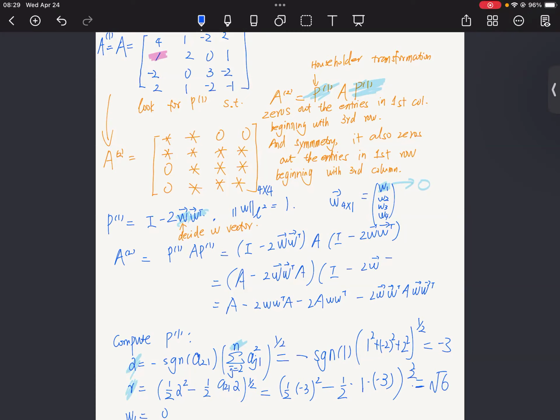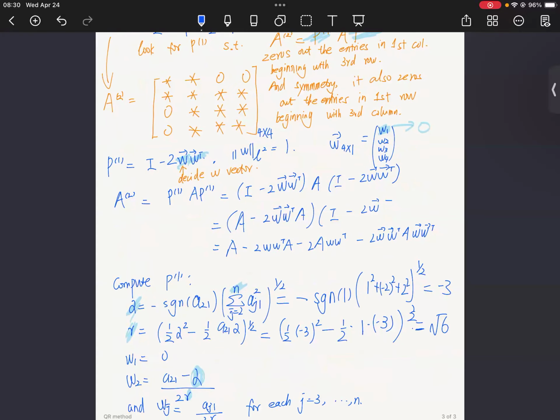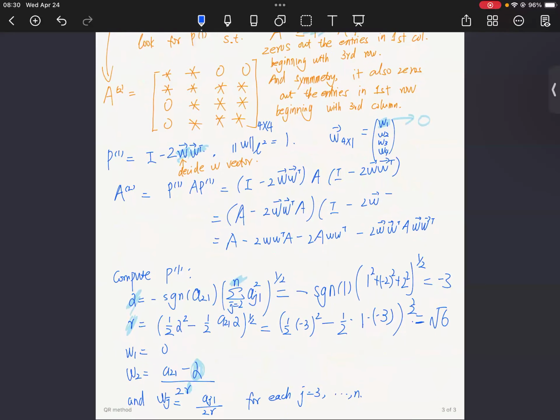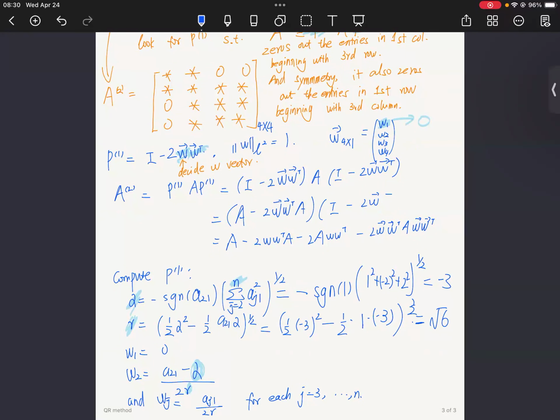Does that make sense? So this is just one calculation. We have some intermediate products here, alpha and R, but our ultimate goal is to calculate W1, W2, W3, W4. And what's W2? W2, we are going to use the alpha and R value to calculate it. A21 is just 1 minus negative 3, divided by 2R, which is 2 square root of 6, and this is square root 6 divided by 3.